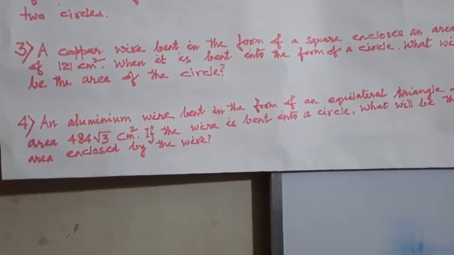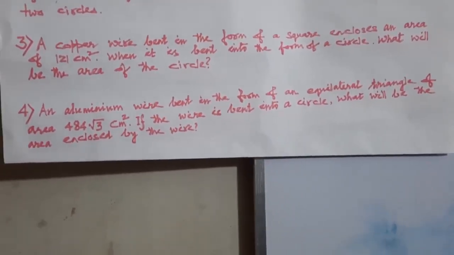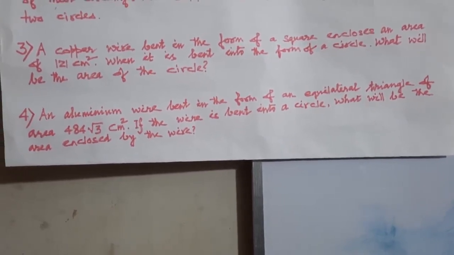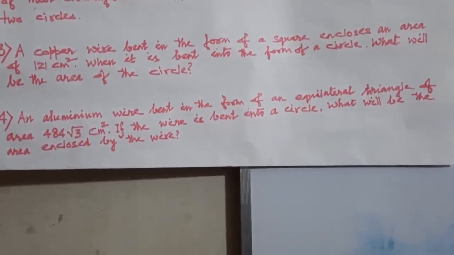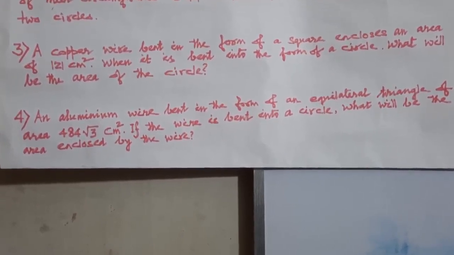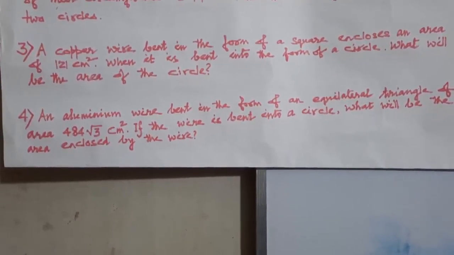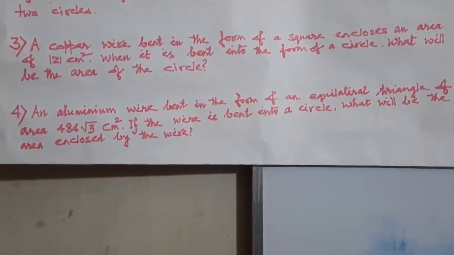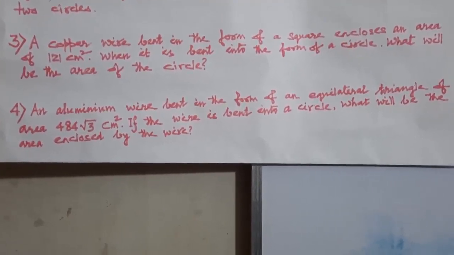Now the fourth problem: an aluminium wire bent in the form of an equilateral triangle of area 484 square root of 3 centimeters square. If the wire is bent into a circle, what will be the area enclosed by the wire?